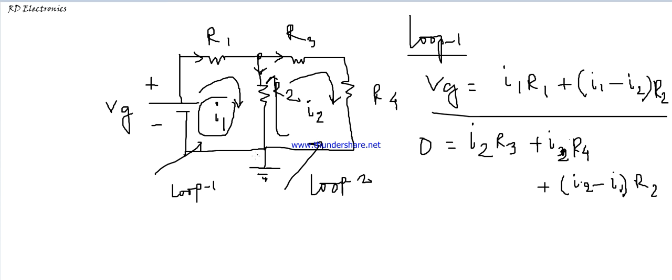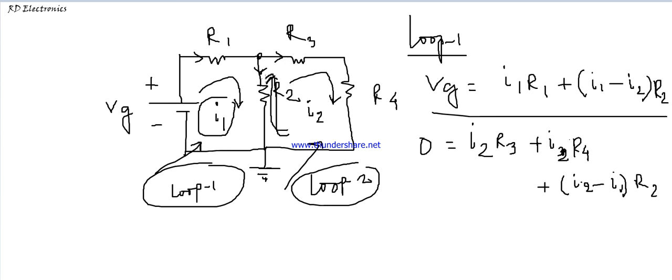In the loop analysis, when loop 1 is considered, the direction of this current is top to bottom. That's why we consider I1 minus I2. And in loop 2, when we analyze the KVL, our direction starts from R3, R4 and then R2, so the direction is the opposite side.